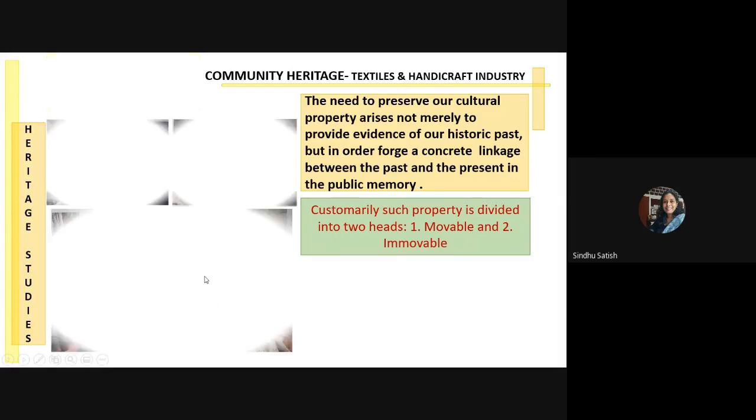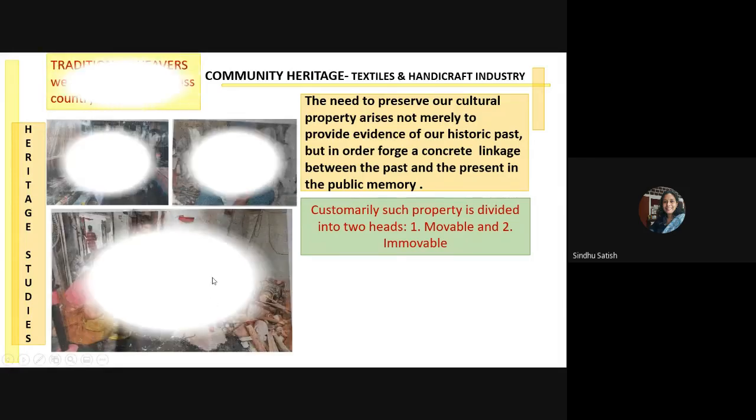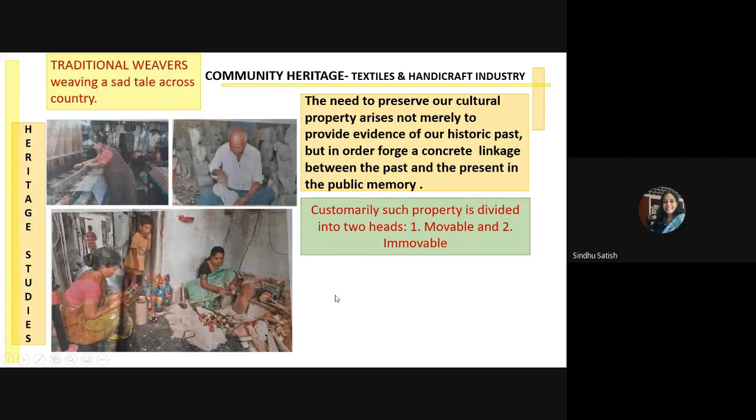And in the past few sessions, we have largely spoken about the immovable cultural properties. But today, let's focus a little more on traditional community heritage. We see colorful handloom saris, and they are sought after by almost every one of us who wants to look beautiful in saris.